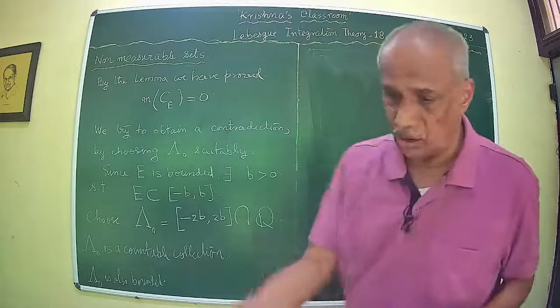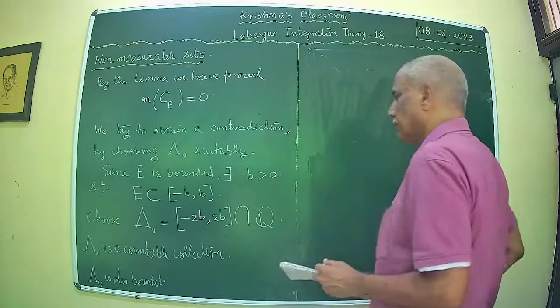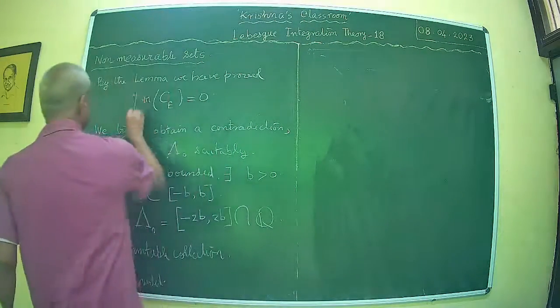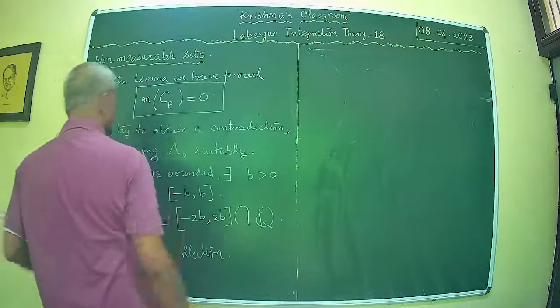So we already know that the measure of C has to be equal to 0. So we are going to contradict this. Okay.